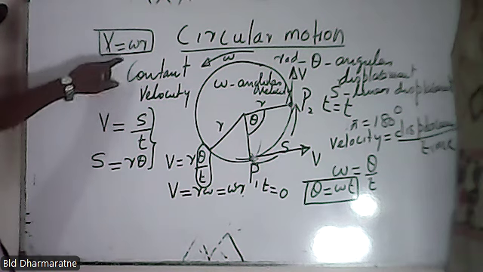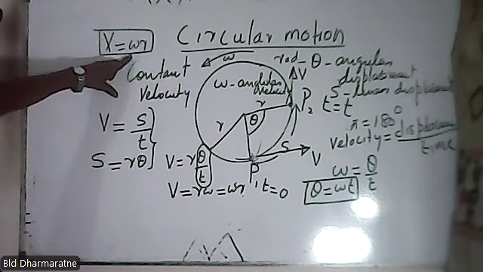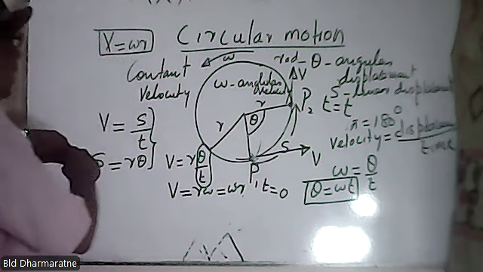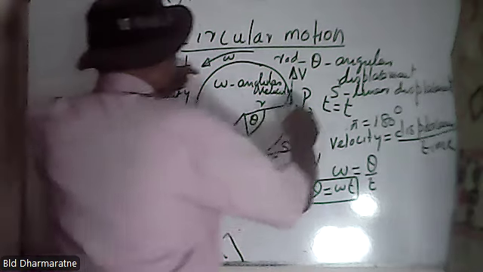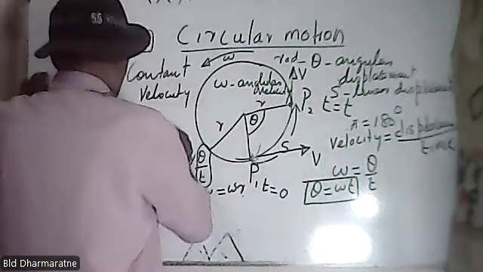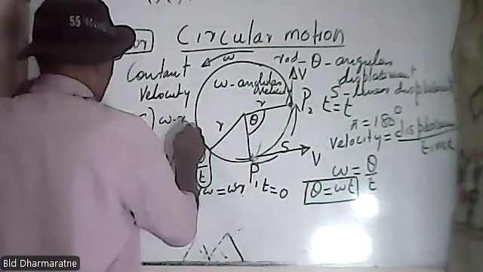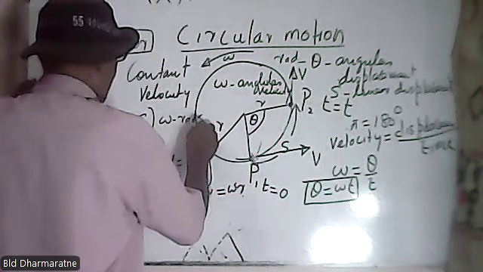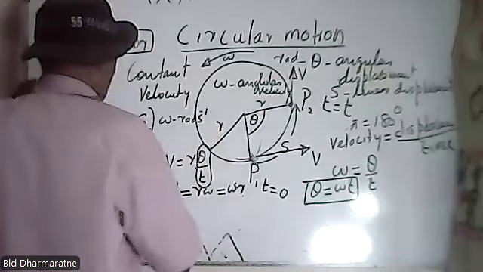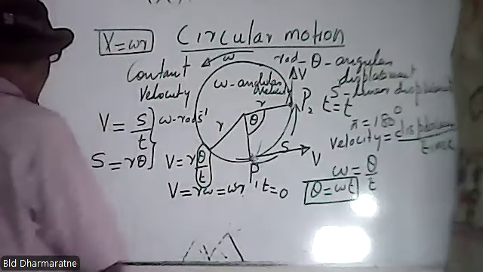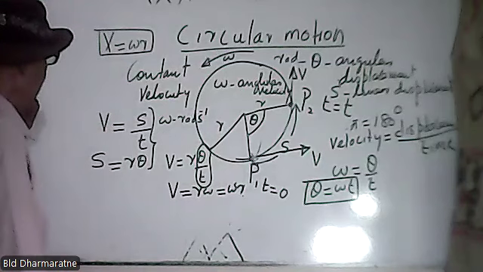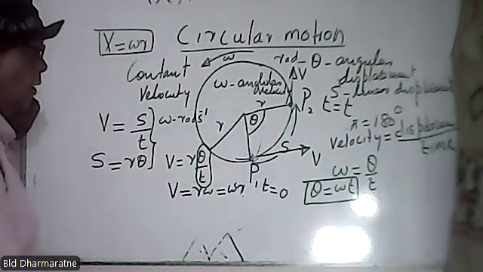You must know the omega unit all the time: radian per second. Omega unit, radian per second. You know that velocity is meter per second.